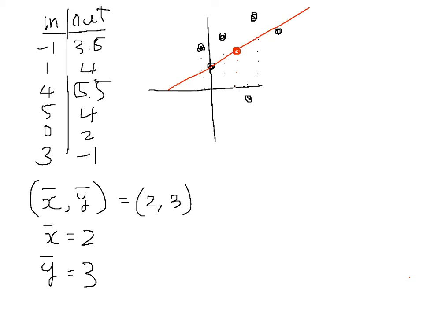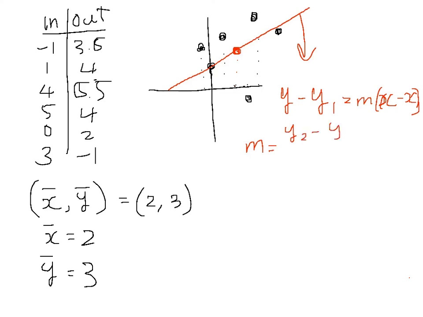Now we have to find the equation of this line. As you know, the equation is in the format y minus y sub 1 equals m times x minus x sub 1. That comes from the slope formula, which is m equals the second y minus the first y over the second x minus the first x.